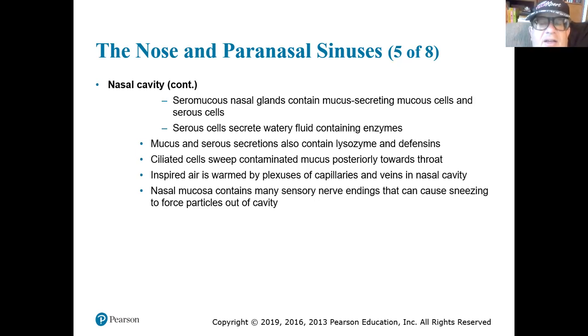They can kill some bacteria before they even get into the body. This inspired air is warmed, moistened, filtered, like we said. Nasal mucosa has many sensory nerve endings that will cause sneezing to force particles out of the nose. If something does get in your nose, you will probably sneeze and get rid of it.